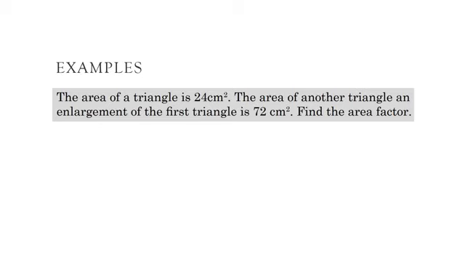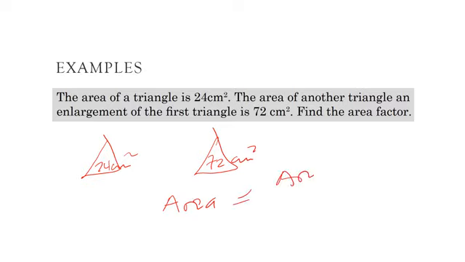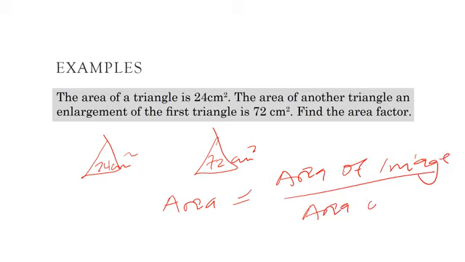Let's have a very simple example. We have two triangles: one triangle has an area of 24 centimeters squared and the other triangle has an area of 72 centimeters squared. So the area factor is simple. It's just the area of the image divided by the area of the object.